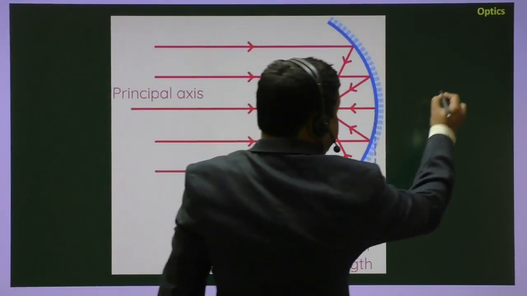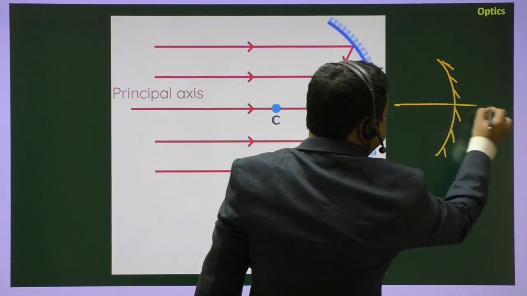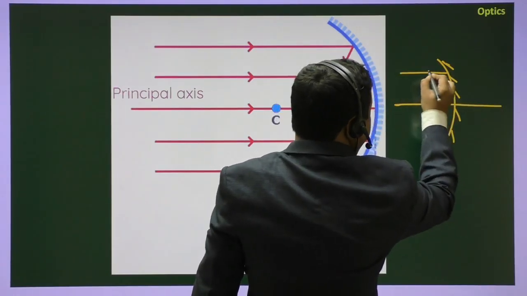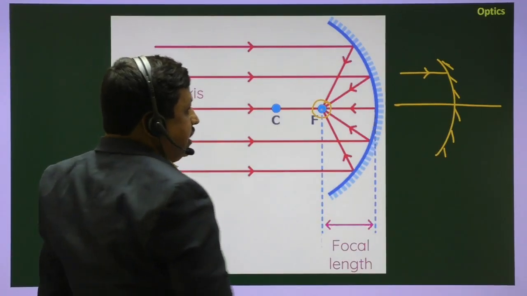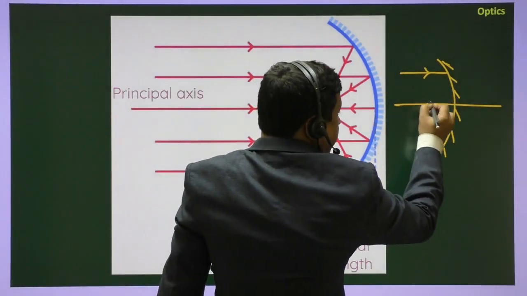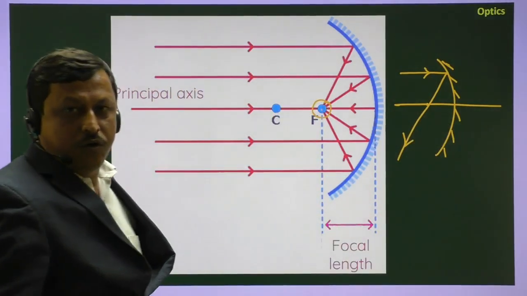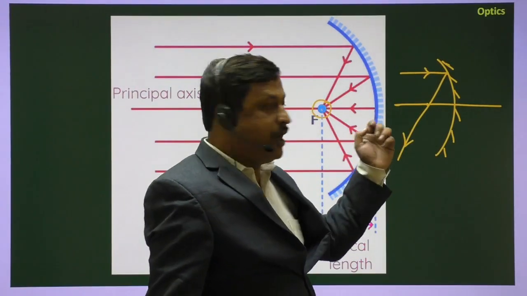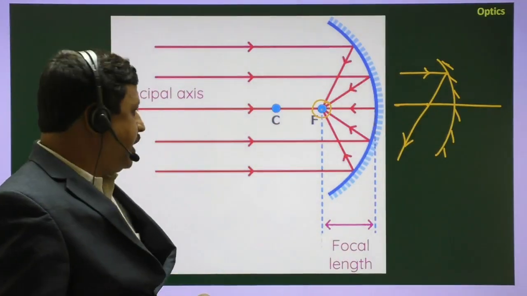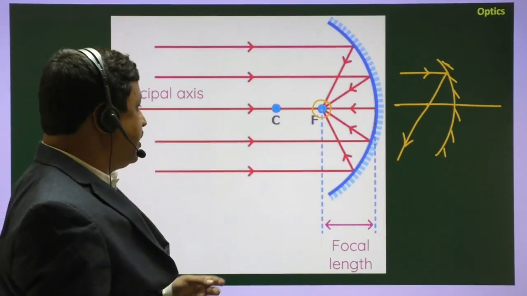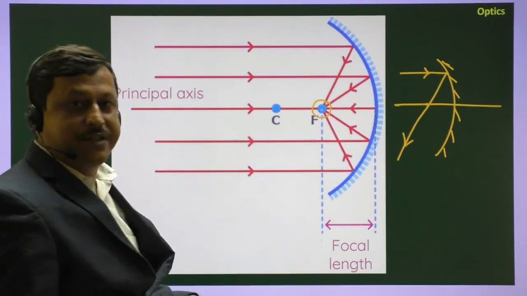That means this is a concave mirror. If you draw parallel rays which are parallel to the principal axis, after reflection the reflected rays meet at a point on the principal axis, and all the rays which are parallel to the principal axis converge at a point on the principal axis.